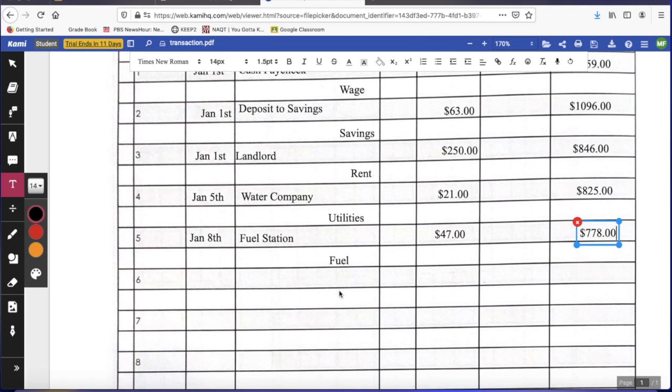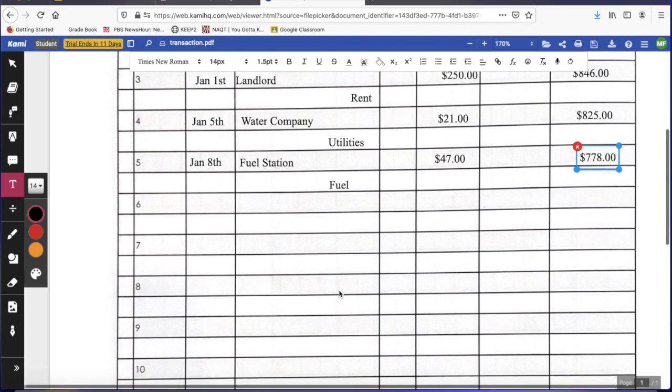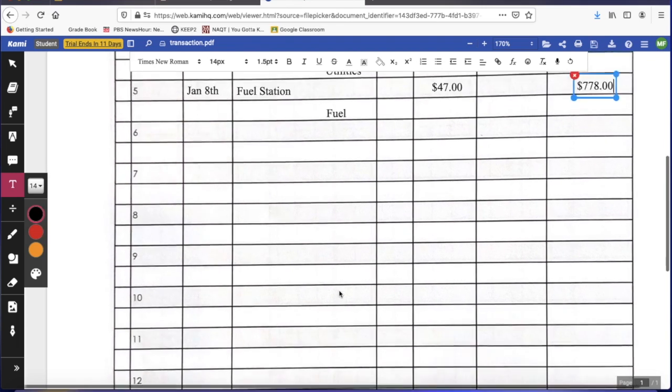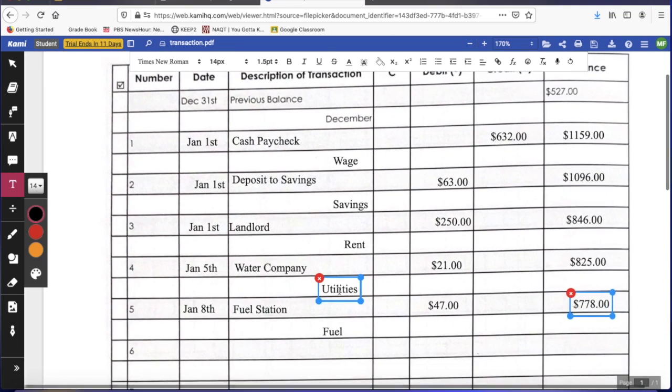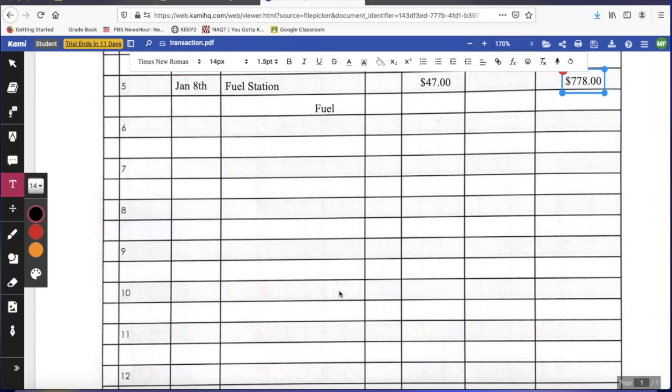He went to the fuel station, so he got fuel, etc., etc. Again, there will be one more savings that you'll need to be aware of, so make sure that you're putting that in correctly. So if you have questions, let me know, and you should be set.